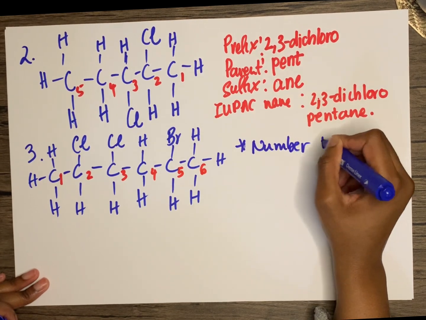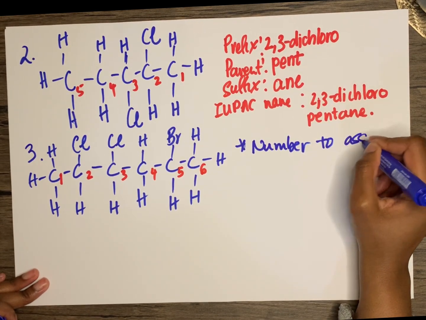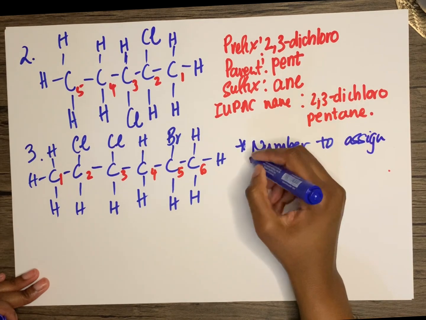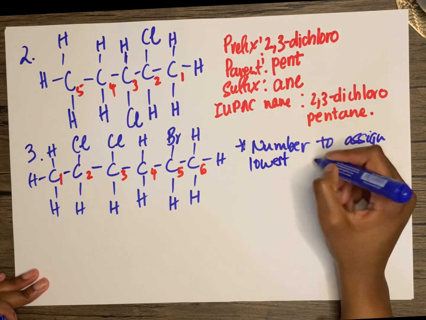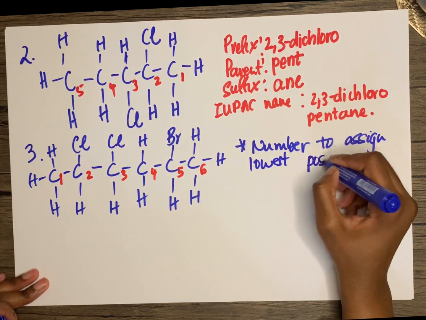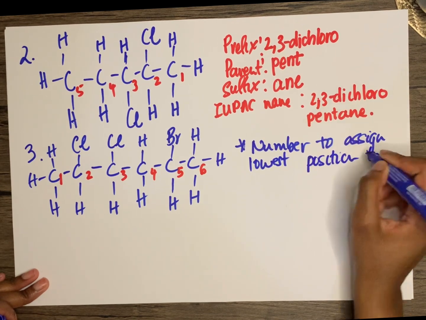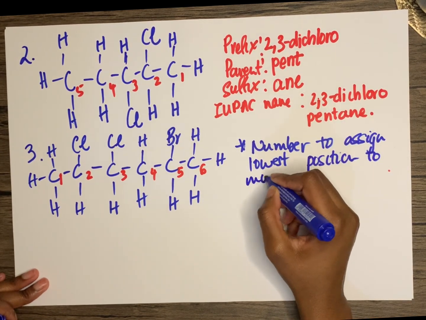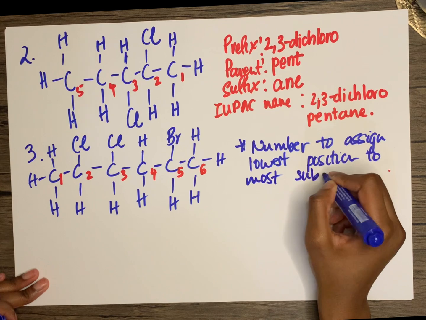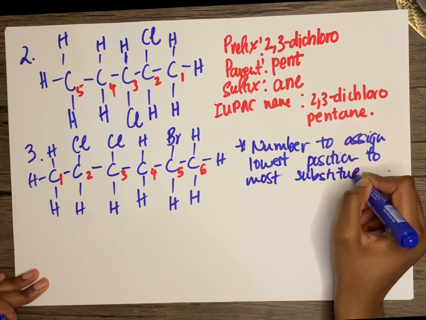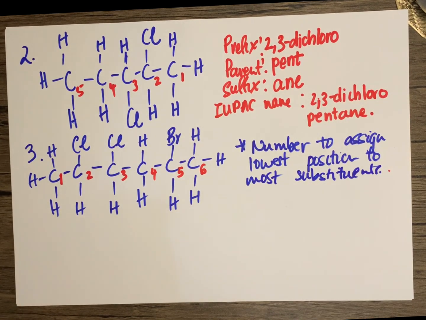Number to assign lowest position to most substituents, right? So now when I'm naming, I still have to consider writing in alphabetical order.